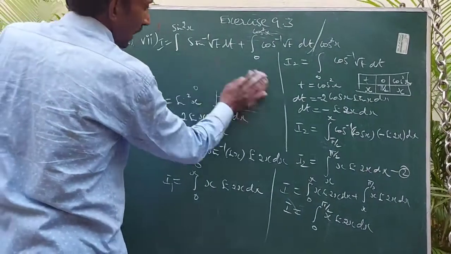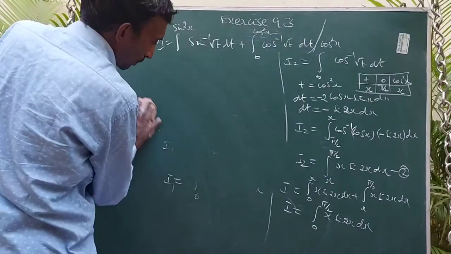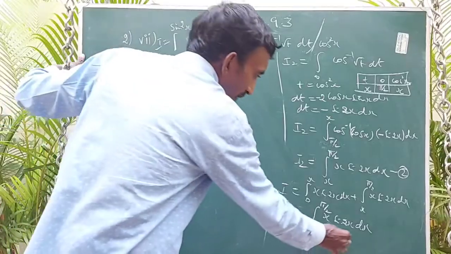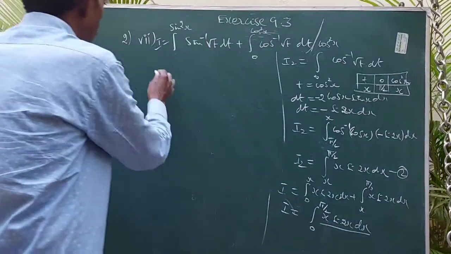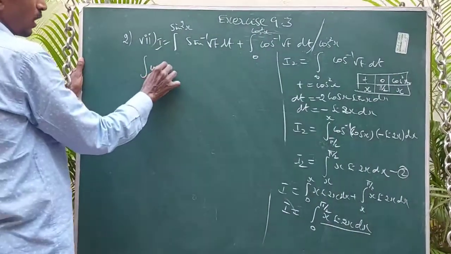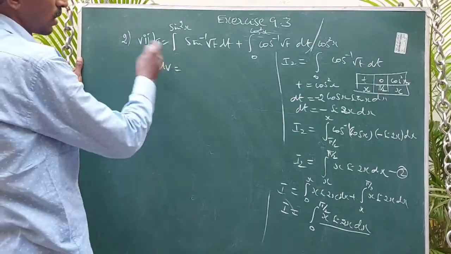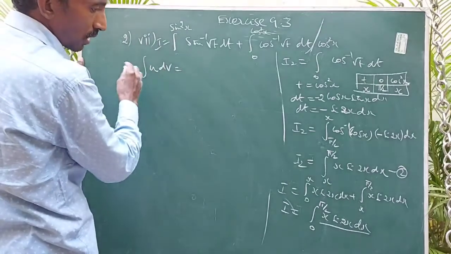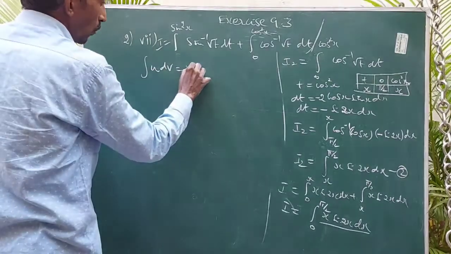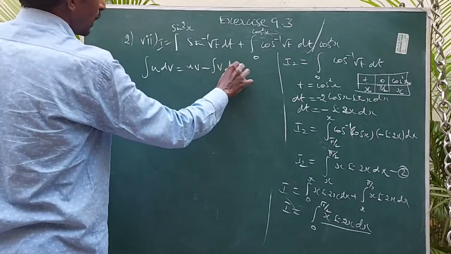Now we need to integrate this one. It is of the form integral u dv. So integration by parts: integral u dv equals uv minus integral v du.